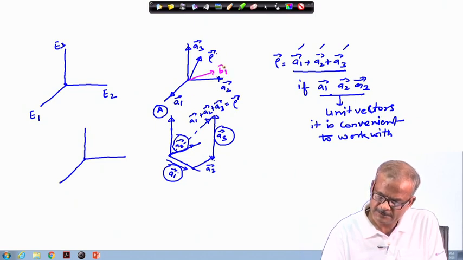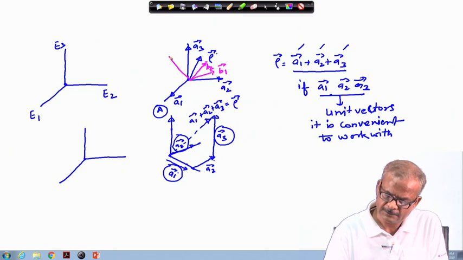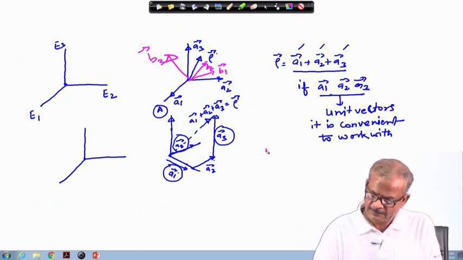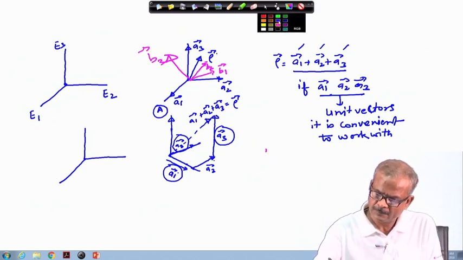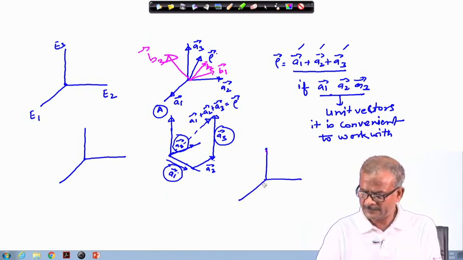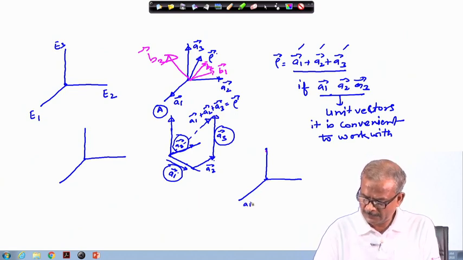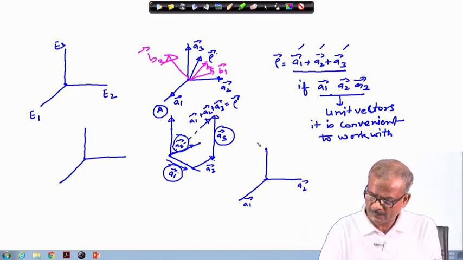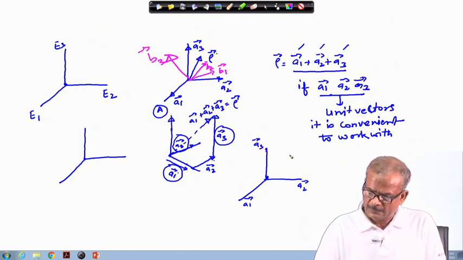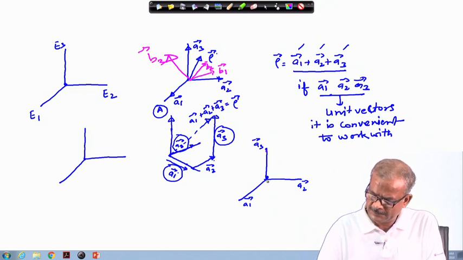So, we rename it as B 1, and then A 2 goes here, this we rename as B 2, and A 3 comes here in this direction, which we rename as B 3. So, what we have done is that we have three vectors here which are mutually orthogonal A 1, A 2, A 3, and combination of this we have written in this way.